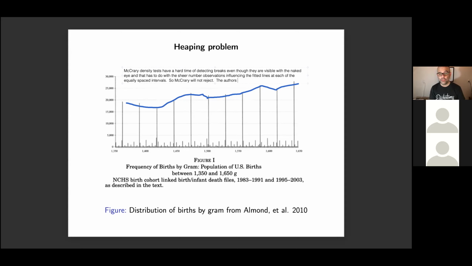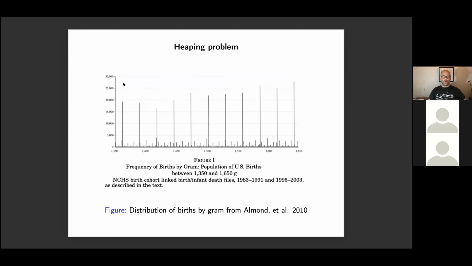The authors used a McCrary density test and failed to reject the null, even though you can see with your own eyes massive heaps of data at regular non-random spaces. Okay.